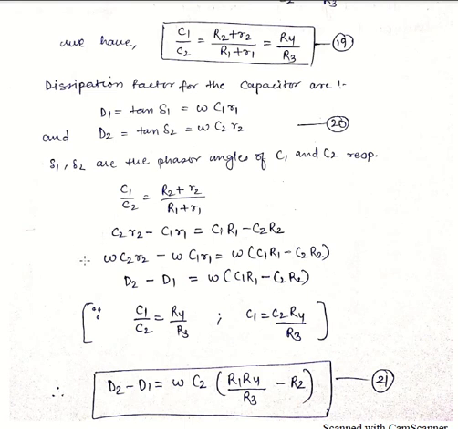Multiplying this equation by omega, we will have omega C2 r2 minus omega C1 r1 is equal to omega in brackets C1 capital R1 minus C2 capital R2. Here we have seen that omega C2 r2 is equal to D2 and omega C1 r1 is D1.